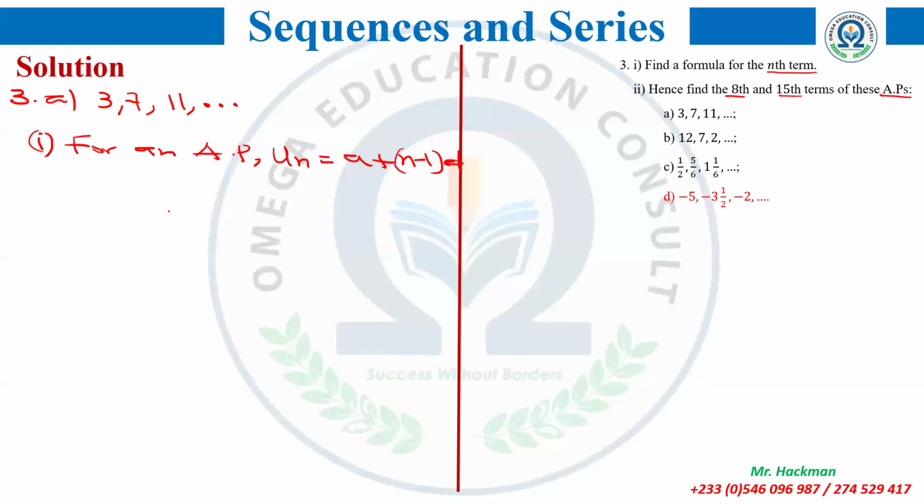In this case, A is equal to the first term, which is 3. And D will be equal to just taking two consecutive terms and finding the difference. That would be 7 minus 3, which is equal to 4. Is that clear?